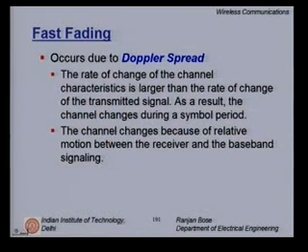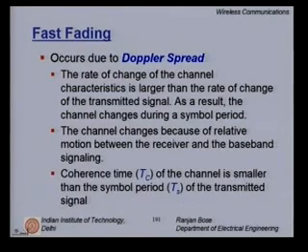The channel changes because of the relative motion between the receiver and the transmitter, and the coherence time Tc of the channel is smaller than the symbol period Ts of the transmitted signal. Fine. You can intuitively understand the concept of fast fading by assuming that you are moving with respect to the transmitter and you are passing through the troughs and the peaks of a fading channel.